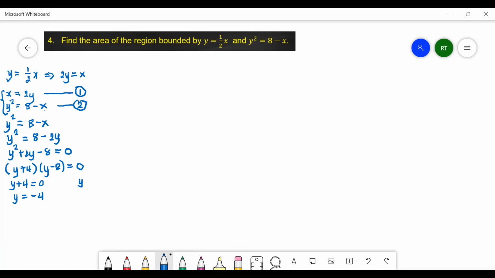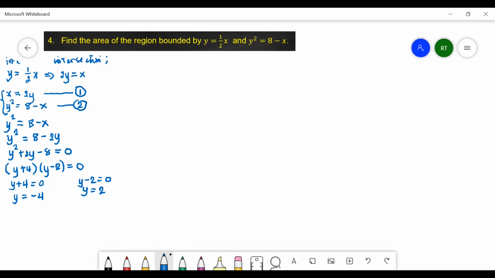On the other hand, y minus 2 is equal to 0, so y is equal to +2. We have two values of y and we need to get the corresponding values of x to get the intersection of the two curves. Let me write it here. We want to get the intersection.